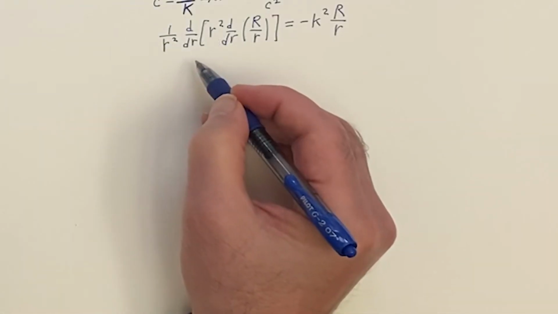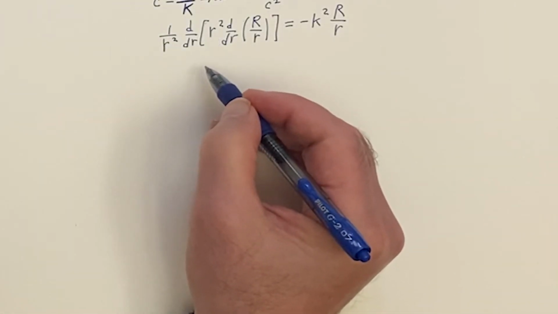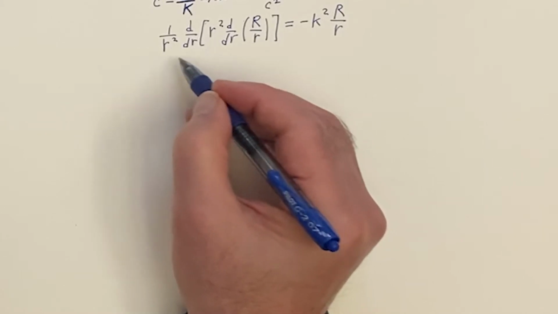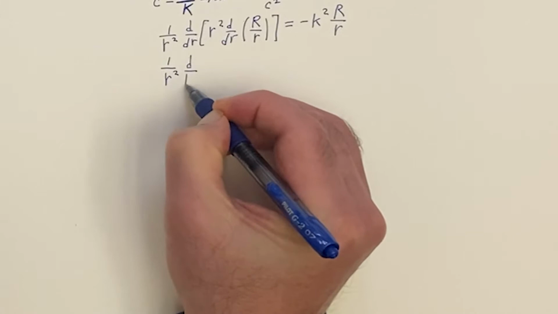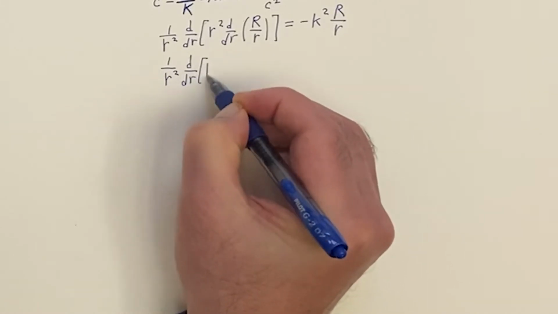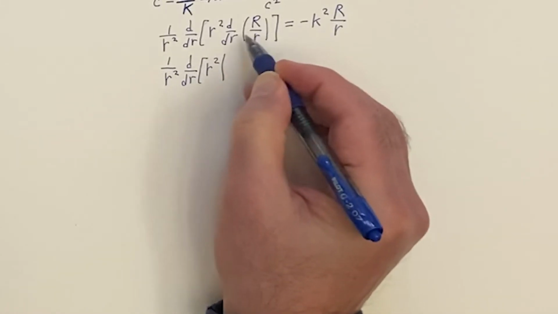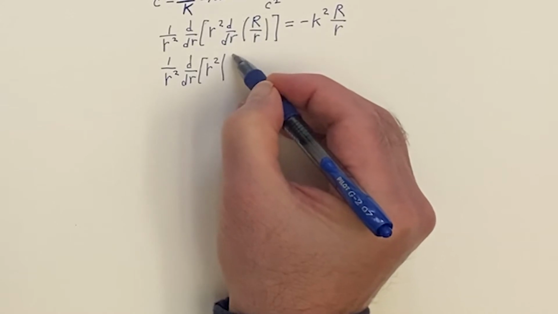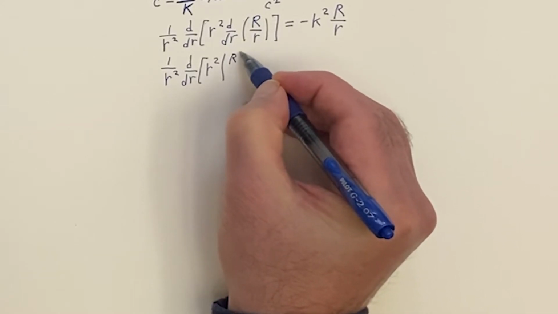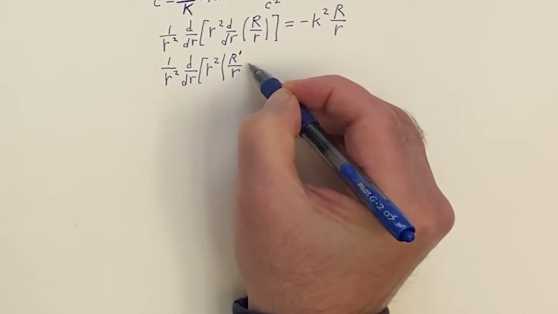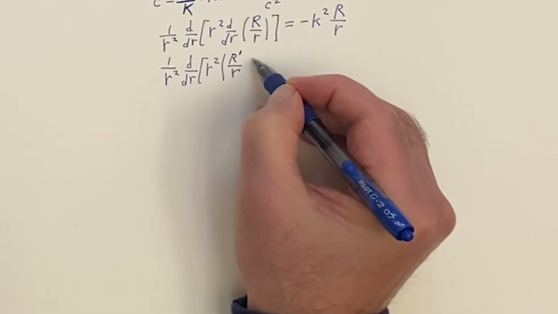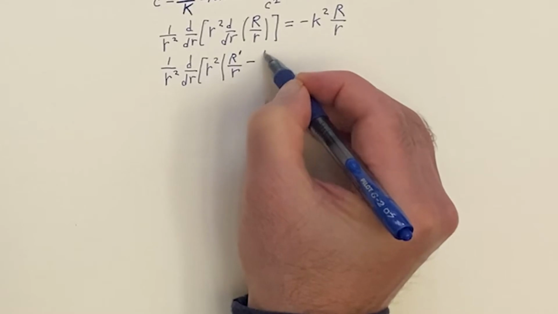Let's go ahead and work on this. We can do a couple things here. First, we can take one derivative using the product rule. The derivative of the first is R prime, keep the second one the same, and then the derivative of the second would be minus 1 over r squared.